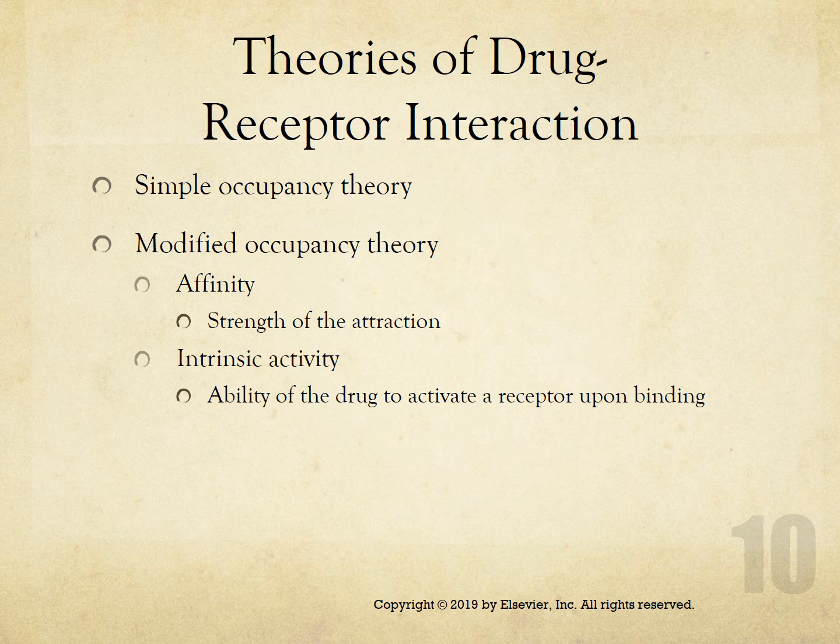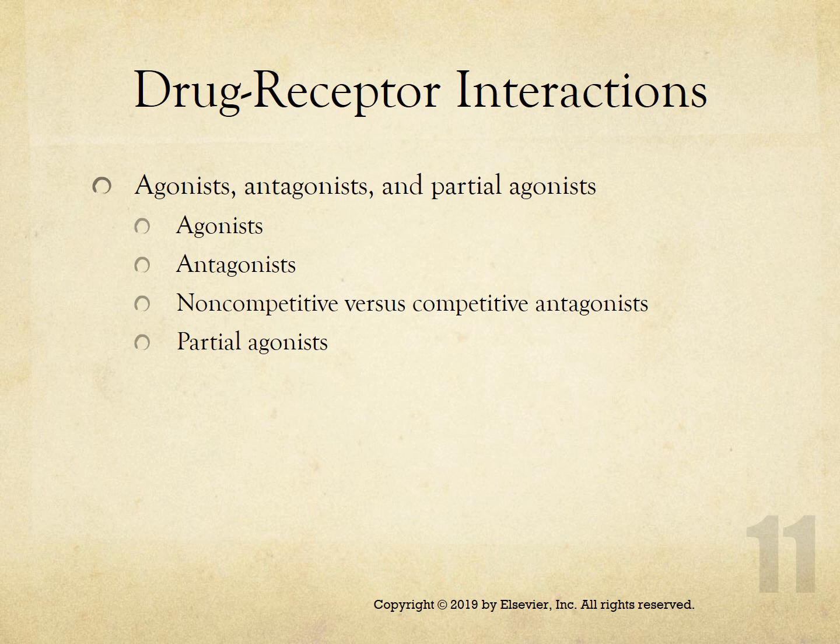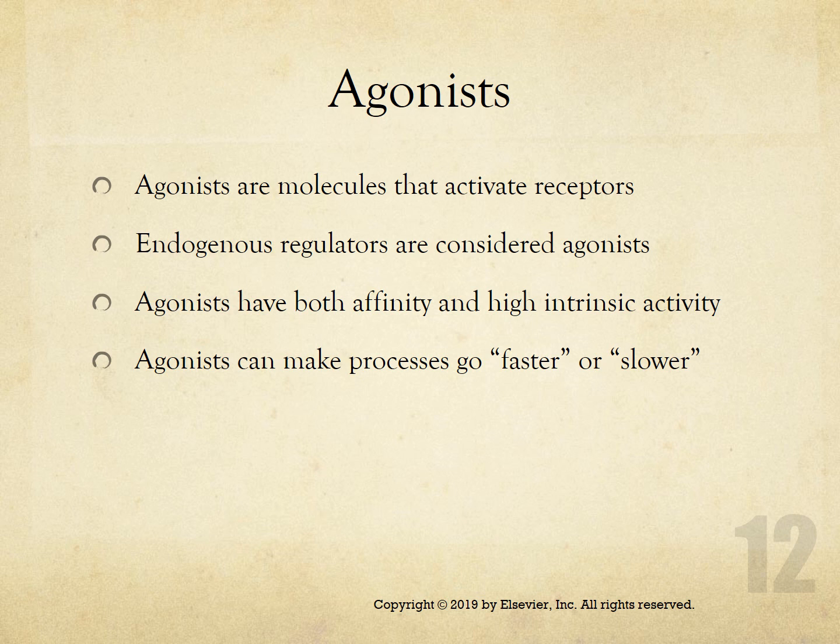There's also intrinsic activity, which is the ability of the drug to activate a receptor upon binding. There are drug receptor interactions. You have agonists, antagonists, and partial agonists. So, what are agonists?